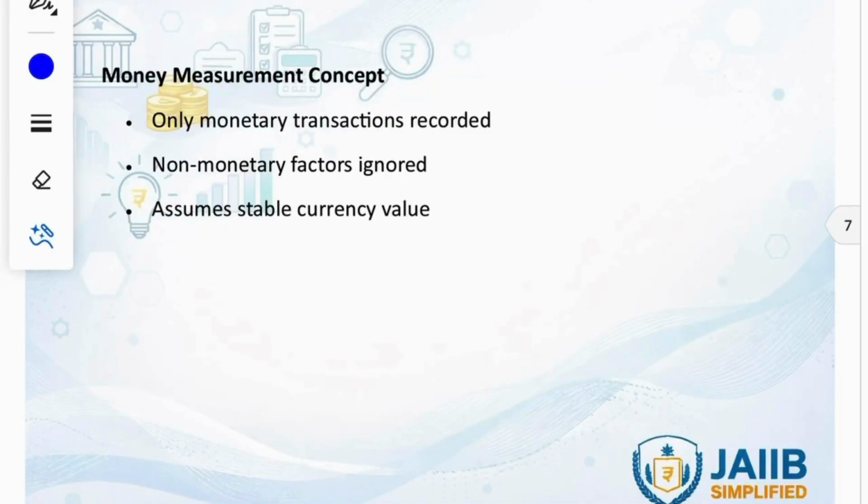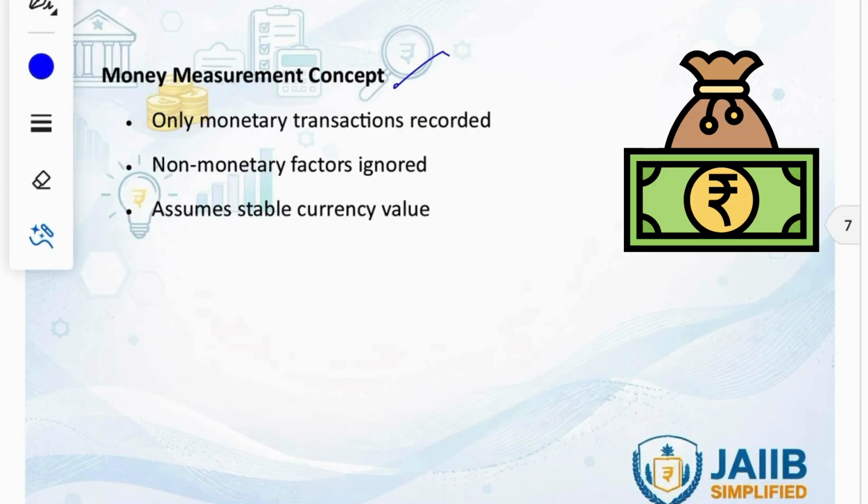Now let's discuss about money measurement concept. Under this concept, account records only what can be expressed in money, only money transactions. This ignores non-monetary factors like employee morale, all those things. Why is this money measurement concept important?